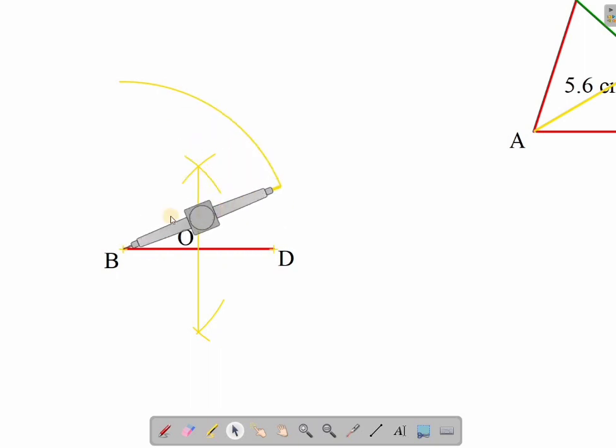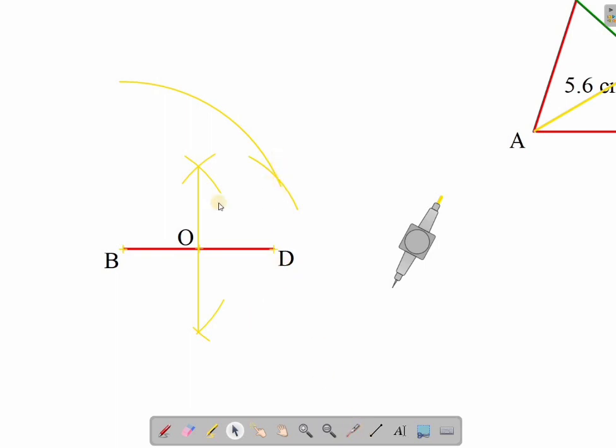And from O I'll take 2.8. So you see it is getting intersected at this point. So I will be joining these 2 points.